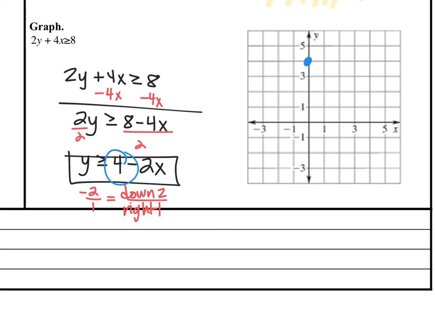So starting at 4, go down 2, right 1. And let's check our signs. It's greater than or equal to. Because it has that solid line below it, you can go ahead and make a solid line through the points because it's or equal to.